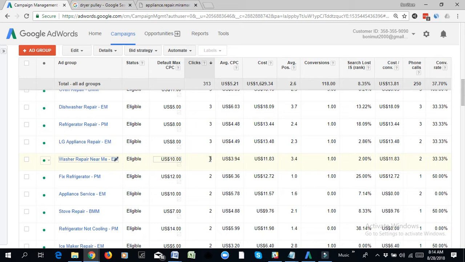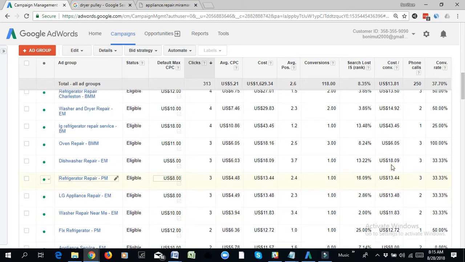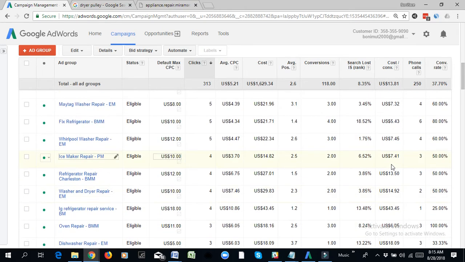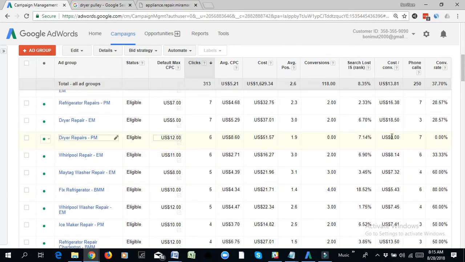So we want to see, for 3 or more clicks, if we have any zero conversion, so zero cost per conversion, where we have 3 clicks and no conversion. So we move up here looking for any cost per conversion that is still at 0, like this one.